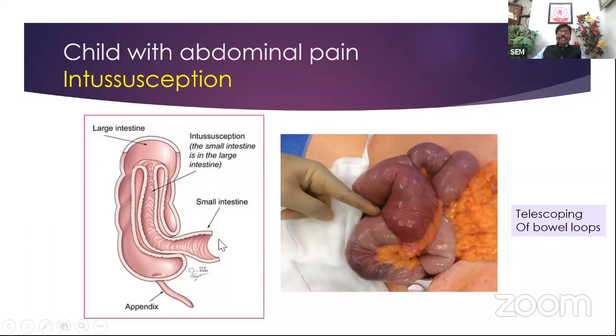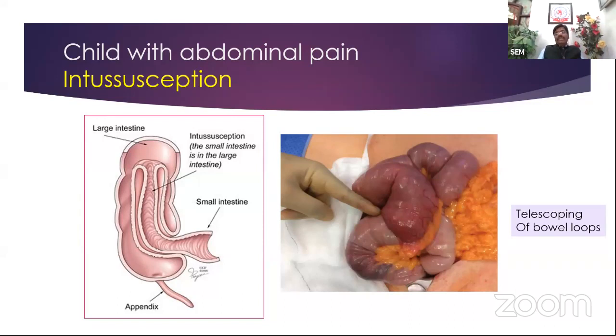So it is ileocecal intussusception. It happens because of enlarged Peyer's patches. The bowel considers the Peyer's patches as food, so it tries to push the food. That peristalsis takes the whole intestine, prolapsing through the ileocecal valve into the large intestine. That is called ileocecal intussusception.